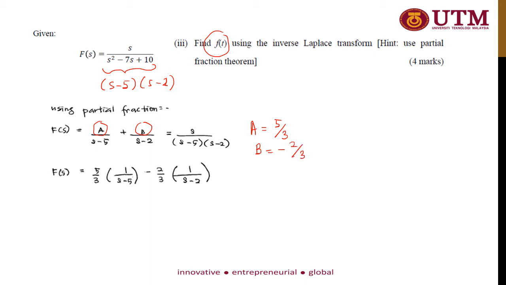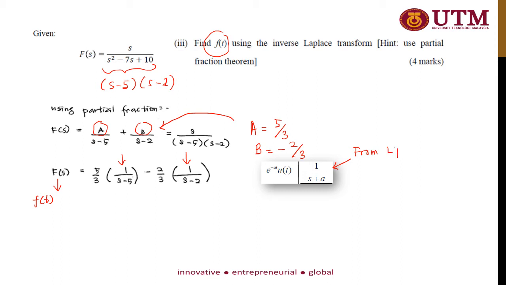So you put all the values into the equation. Now you already have the equation in shape. Then to get f(t), you need to compare the components with the table. You will notice that these two components are in the shape of this from the Laplace transform table.